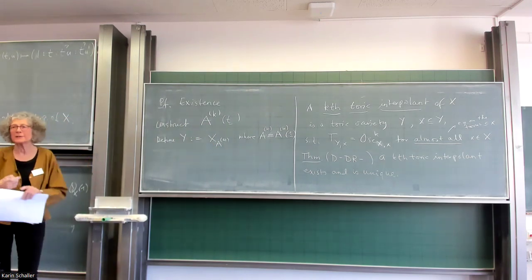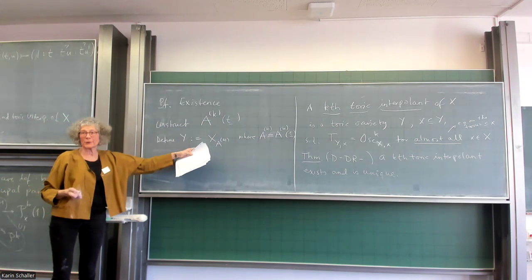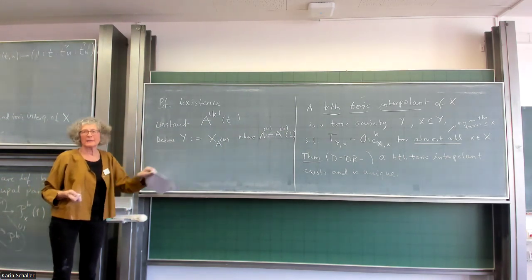So then you get an integer matrix, and you can take its toric variety, and then you have to show that this is precisely the same.